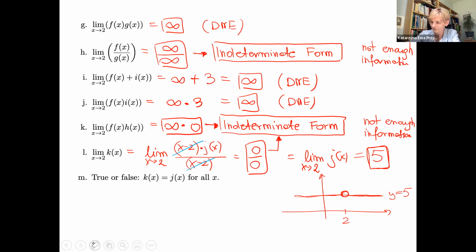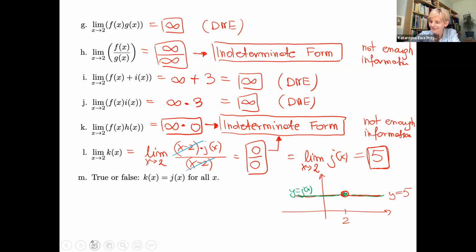Okay, function k is not defined. That means 5. If I draw the function j, because this is 5, I will draw the entire line. This is function j of x.